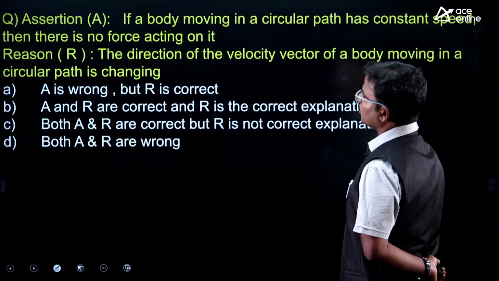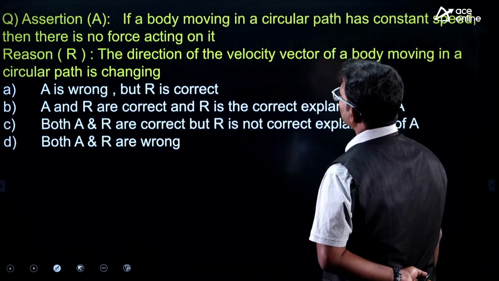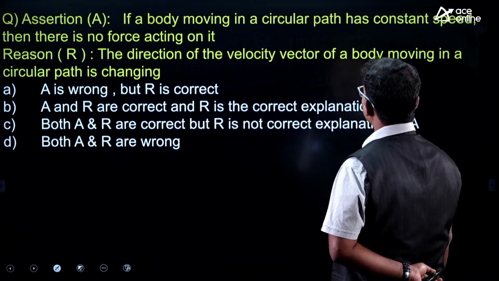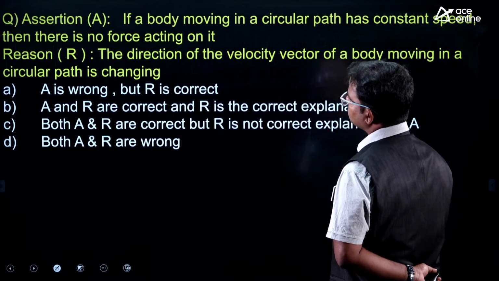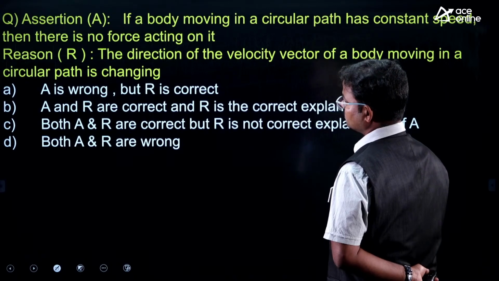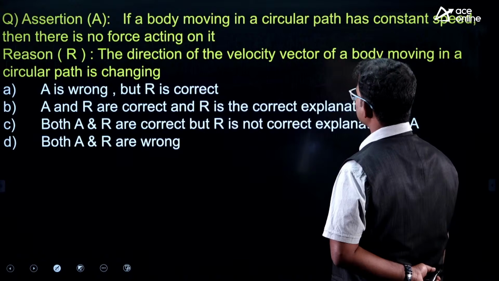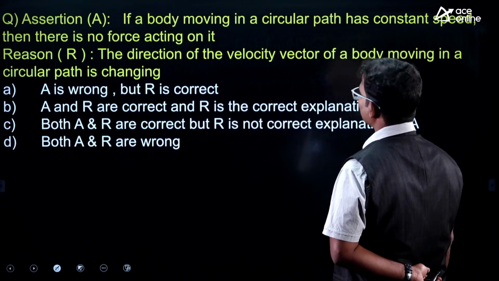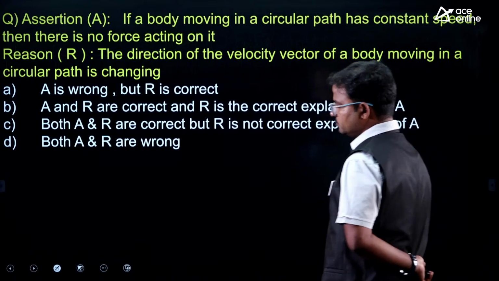Right. So next one, assertion: if a body moving in a circular path has constant speed, then there is no force acting on it. Reason: the direction of the velocity vector of a body moving in a circular path is changing.